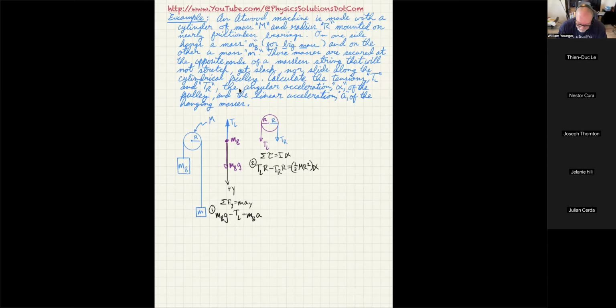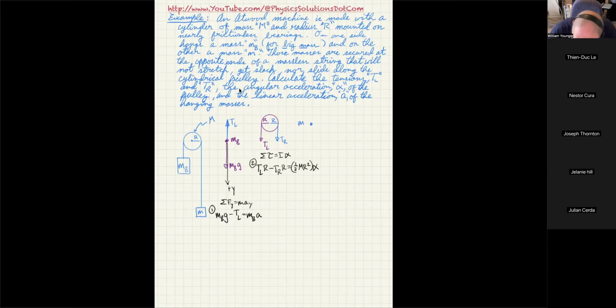We know we have unknowns T_L, T_R, that's two of them, a and alpha, that's four of them total. So we're going to need four equations. I'm going to go ahead and do a free body diagram for the mass little m now. So for the mass little m, we're going to have a mass right here. There's little m, and up on this side would be the positive direction.